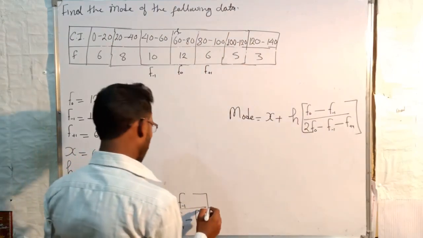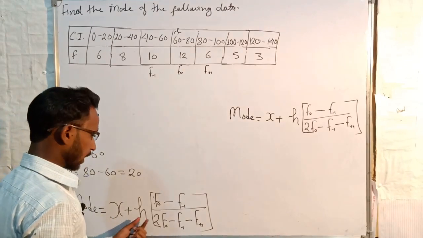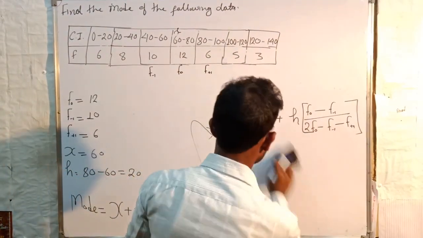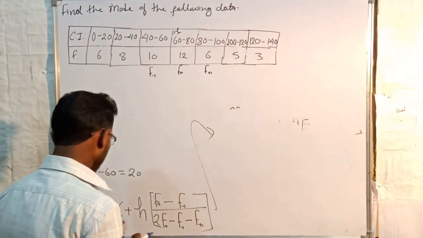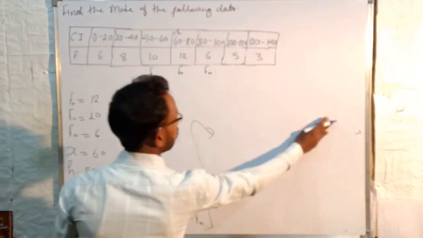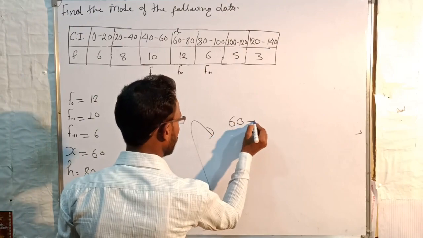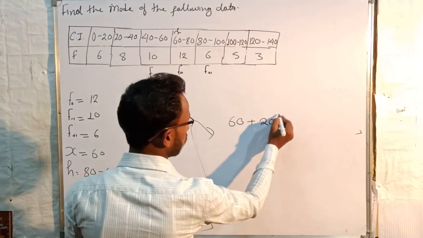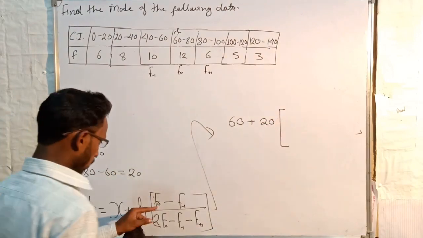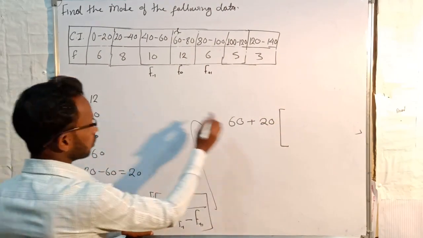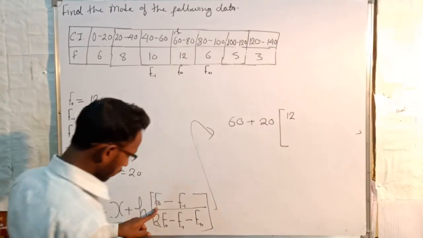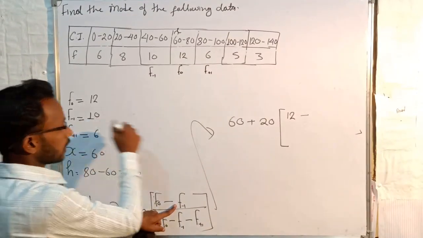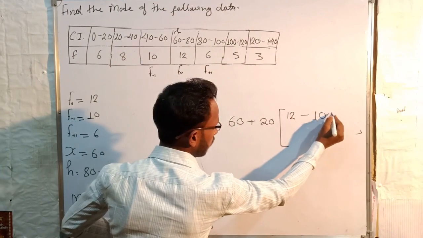Now put all the values of x, h, f0, f minus 1 here. The value of x is 60, plus the value of h is 20, multiplied by f0, which is 12, minus f minus 1, which is 10.